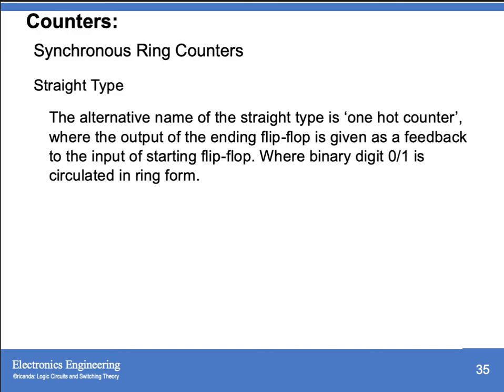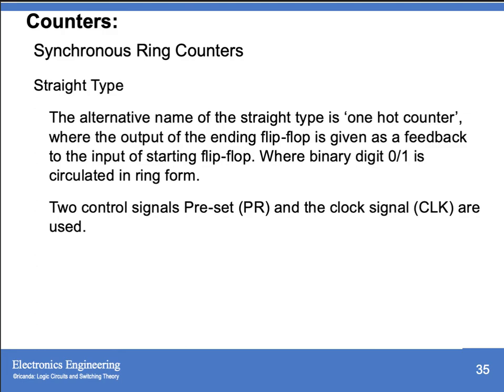There are two control signals, the preset or PR and the clock signal, being used in this counter. So it is commonly known as the real ring counter.